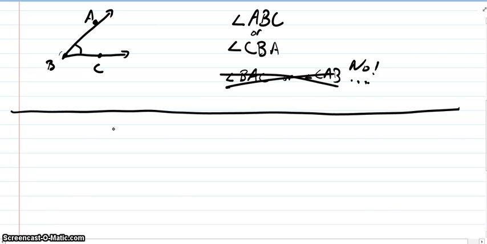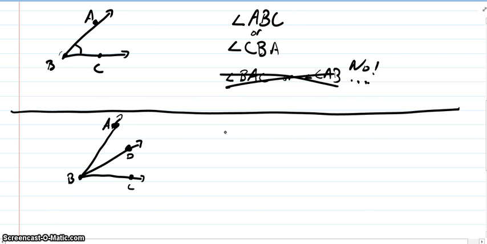And so let's look at an example here. So let's say you have an angle ABC, and then BD, B to D, bisects it, intersects it.